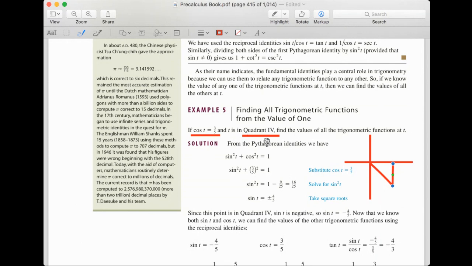Because it's in the fourth quadrant, we know that cosine and its inverse, secant, are positive, and all other trig function values are negative.